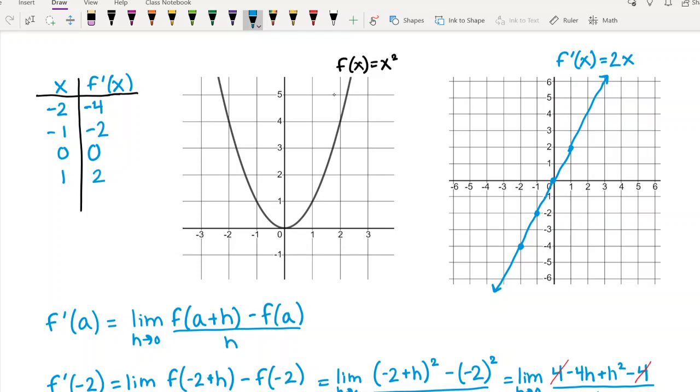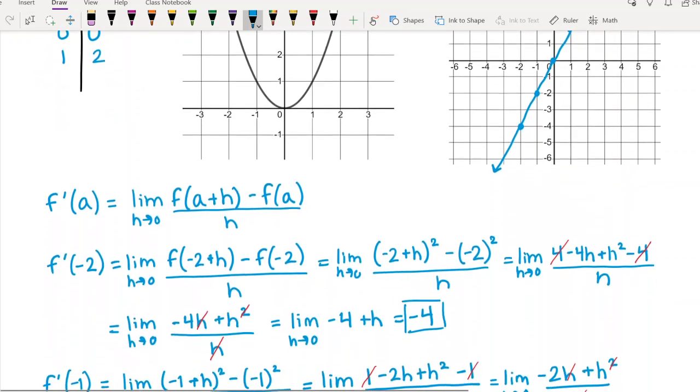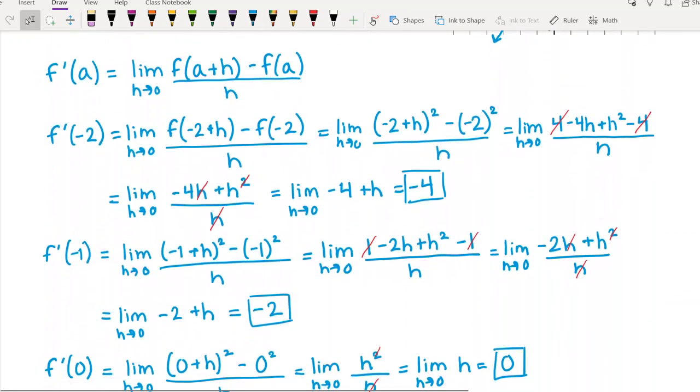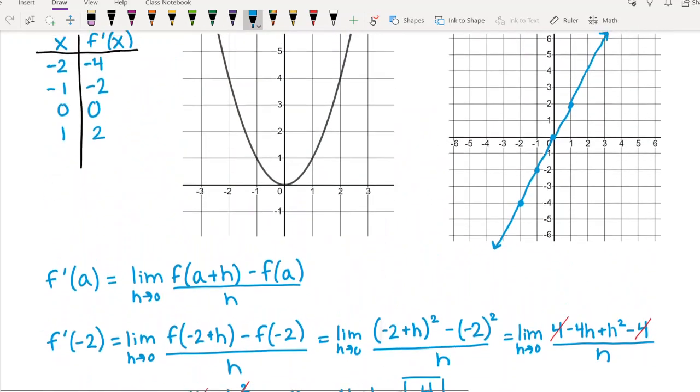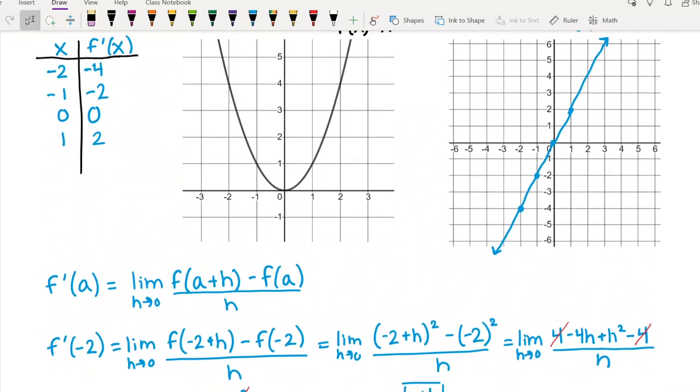But basically, there's an easier way that we could have done this. So how did we figure this out? We basically did the slope of the tangent line at all these different x values, and then we just looked at them and said, oh, well, we can see a pattern here. But there's an easier way to do this.